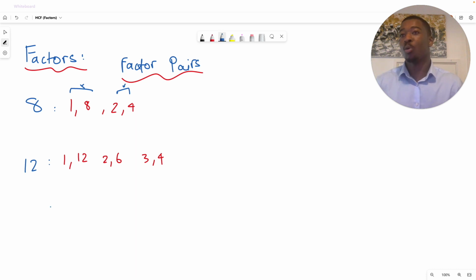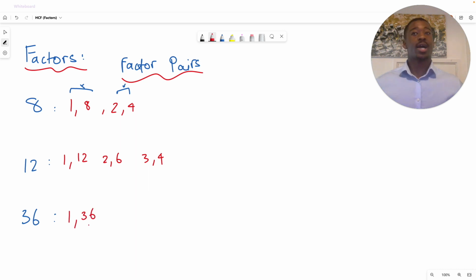And let's take one more example. This is really important we properly understand this for HCF. 36. What are the factors of 36? What numbers go into 36 using factor pairs? Well, again, always start with 1 and that number. It's the easiest win. So 1 and 36.